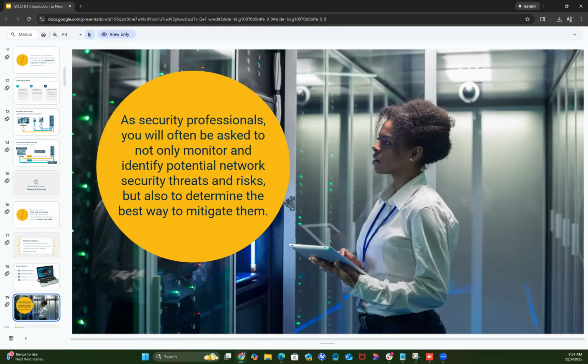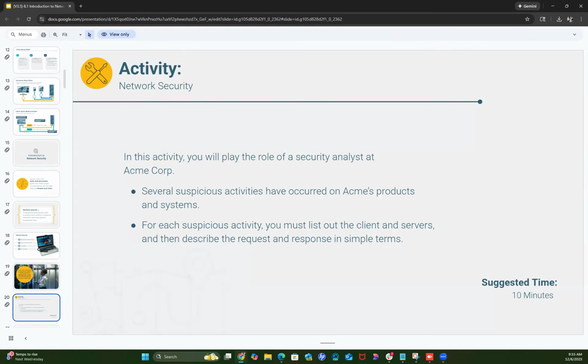Very good. Everyone understood this word is very important: we, as security professionals, will not only monitor, we will also mitigate and fix it. Not only DDoS, meaning the entire network. We have to monitor, control, and mitigate.